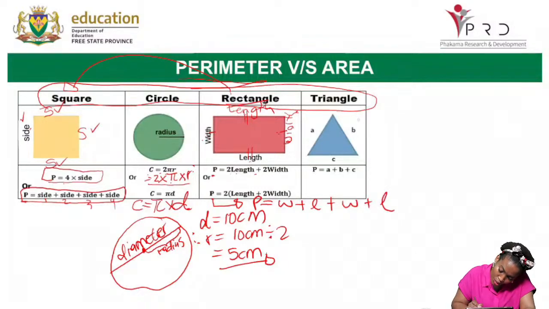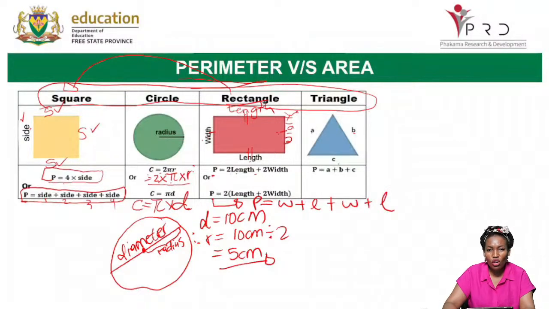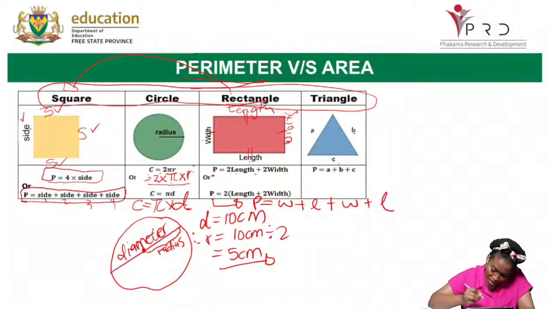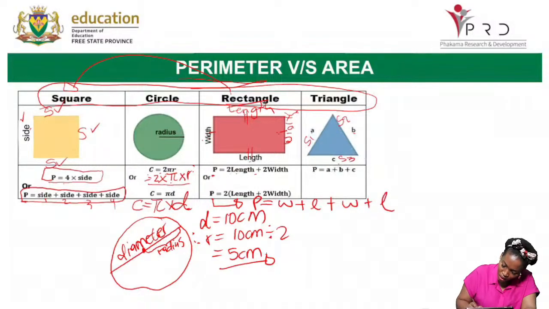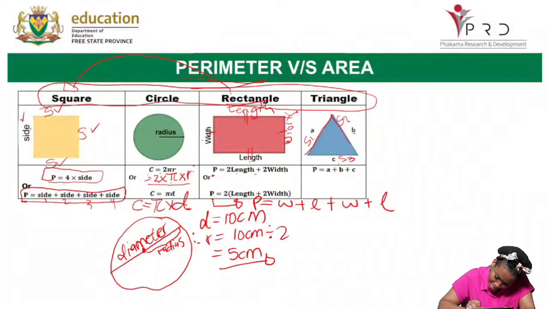And then when it comes to a triangle, these letters A, B, C, they mean nothing. They just represent the sides. So you don't panic and wonder, what is A? What is B? No. This A could have just been side 1. This could have been side 1. This could have been side 2. This could have been side 3. So if you wanted the perimeter of this triangle, you will take this side plus this side plus that other side.